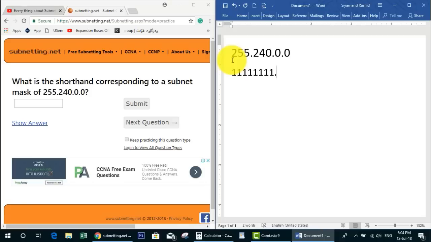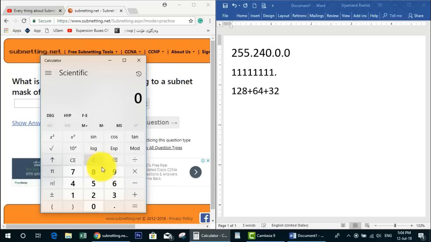For 240, we have to calculate it: 128 plus 64 plus 32, I believe it will be the right number. 224 plus 8.